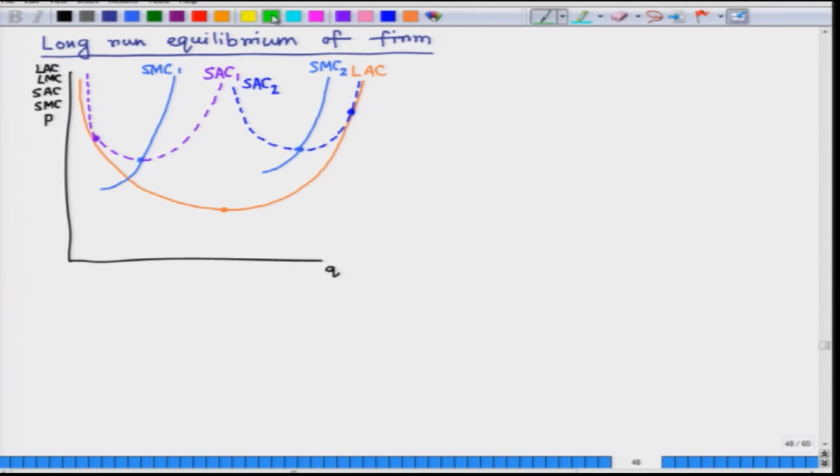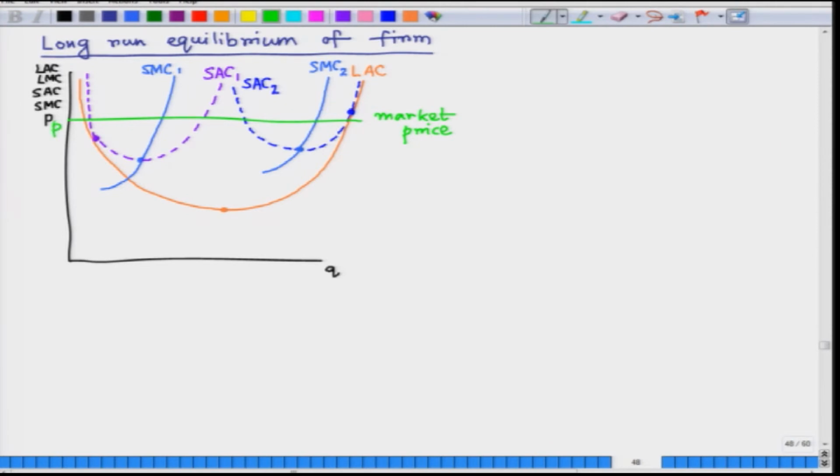So, let me assume that we have a market price which is P bar, constant, and so this parallel straight line gives me the market price which a competitive firm cannot change, and that is basically my P bar, right.